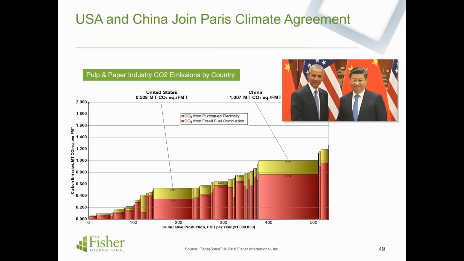And we can see that China has almost double the emissions compared to the US, and this is vastly because the US has lots of byproducts, like, you can say politically correctly nowadays, black liquor, which produces energy for many integrated pulp and paper sites in the US, and China doesn't have so much virgin-based fiber production, plus they are mainly using coal as an energy source for their own production and for purchased electricity in China.